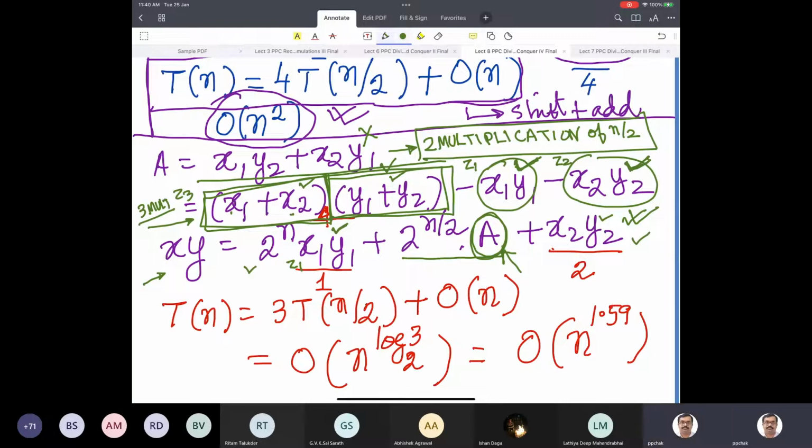I know a, and I know this is z2. With this, by using this intermediate a, which is x1 y2 plus x2 y1 done in a different way, I have saved one multiplication. Who has not understood this part?